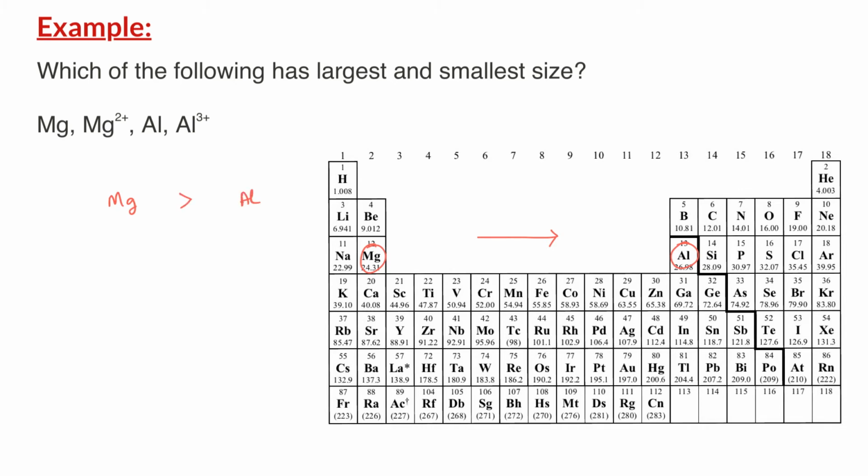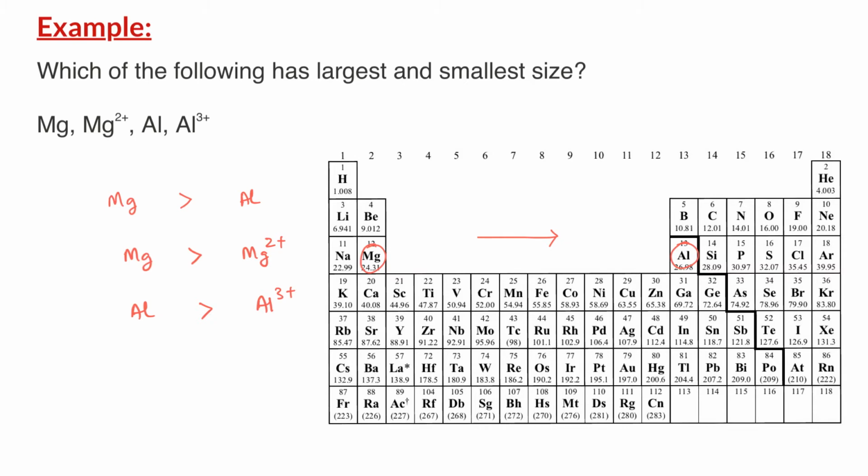Now, what is the relation between magnesium 2+ and magnesium? We know that the cations are smaller than the parent atoms. We can write magnesium greater than Mg2+. Similarly, aluminum greater than aluminum 3+.